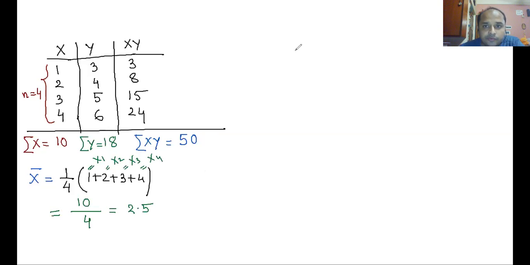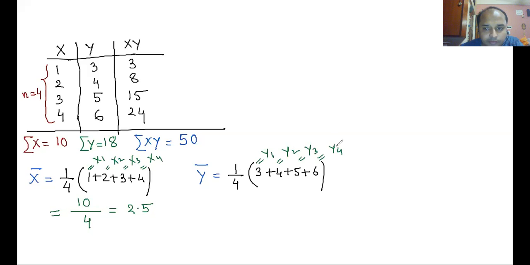And if I want to calculate y bar, similarly we consider the formula for y bar, that is 1 by 4, and the sum total of these items, 3 plus 4 plus 5 plus 6. According to the style of the formula, this is y1, this is y2, this is y3, and this is y4.